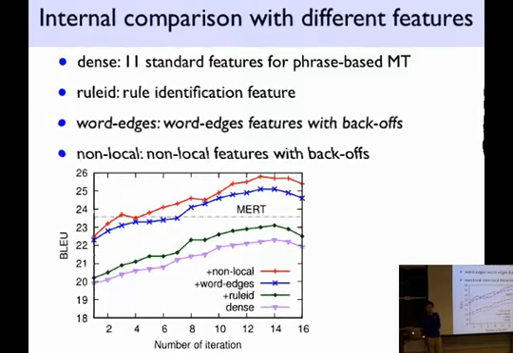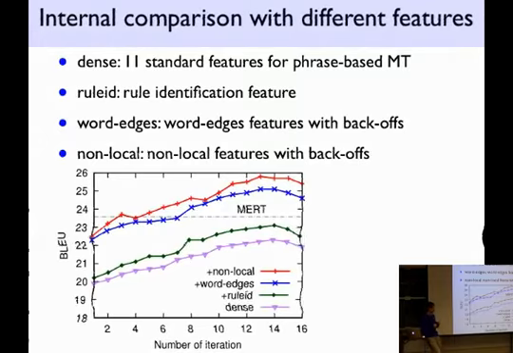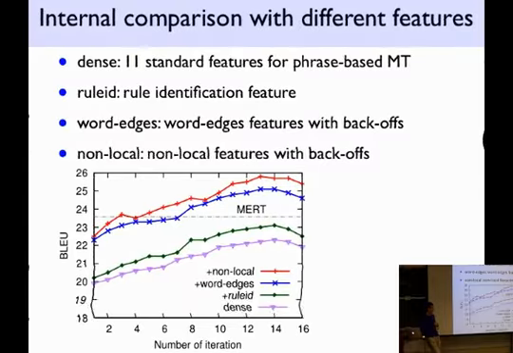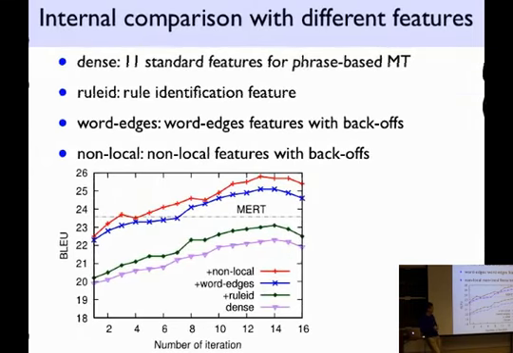The reason being, perceptron is not very suitable for those dense features where the feature scales of different features are so different. Perceptron is well known to be good for sparse features, binary features, just very small scale features. But if you have some probability features which are huge and some other features which are very small, if you mix them together, it's well known to not work very well. That's the reason why this doesn't work for dense features.